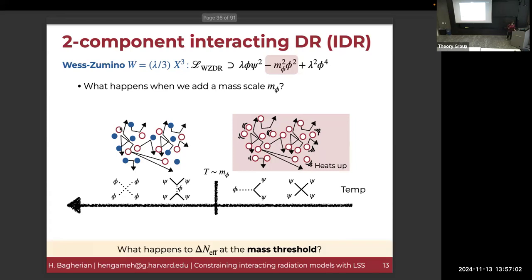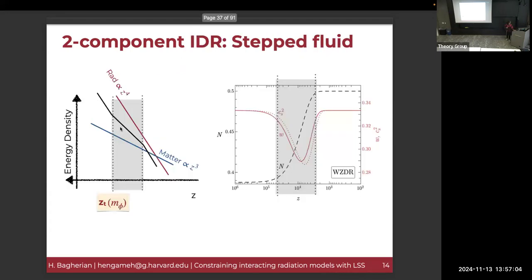What does this mean in terms of the relativistic degrees of freedom? It means that if I start at some high temperature with some N effective, as I cross this mass threshold, I'm going to increase that N effective.